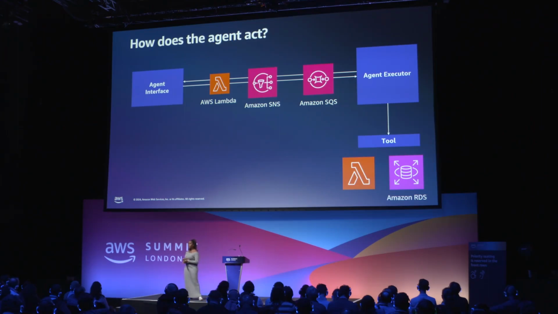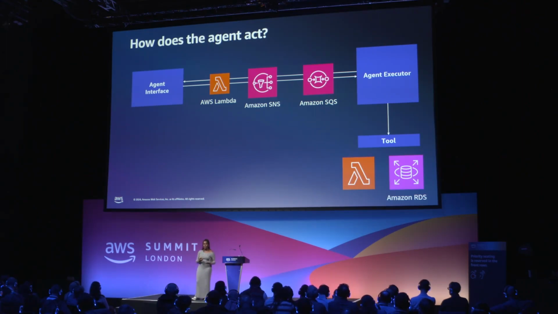I also said that we're going to dive into what tools are. So each tool is powered by a Lambda function. And in this prototype, most of the tools were specified to query the database of TP ICAP. And this database was in RDS. Doing it this way meant that the agent didn't have to come up with complex SQL queries or worry about what joins to use or what database to query.